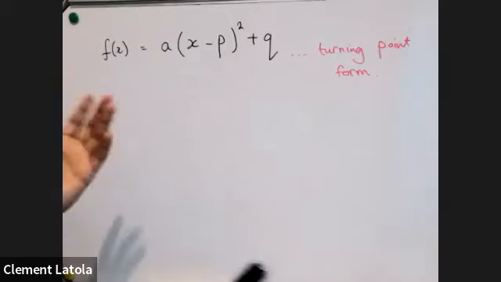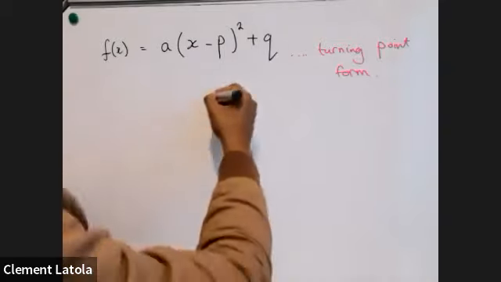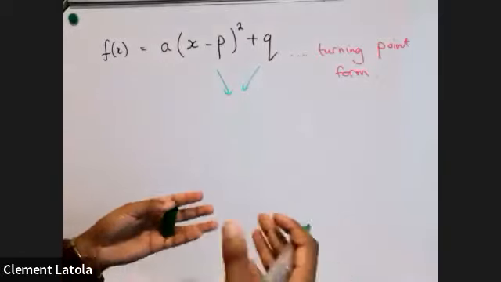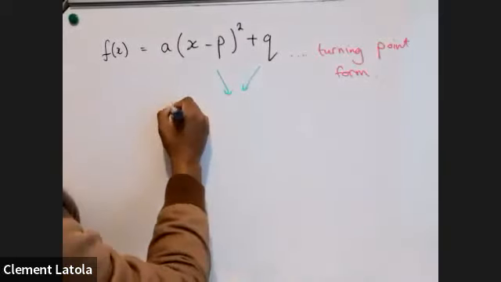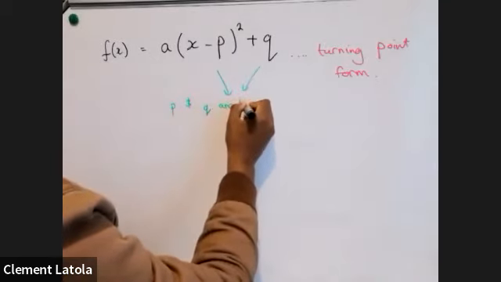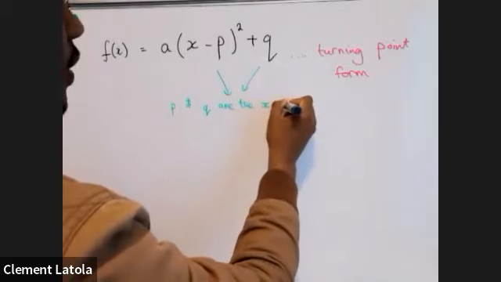Now, the turning point form does exactly what it says. It gives you an indication of where the turning point of this parabola will be. In fact, P and Q are the X and Y values at the turning point. So let me write it down.